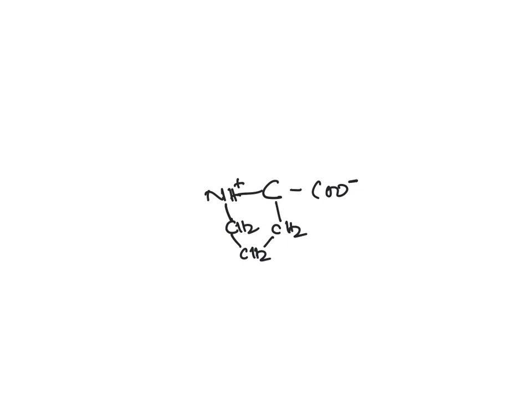So basically this amino group is going to interact with the side chain of proline. The proline side chain is CH2. It is going to interact with the amino group attached to the alpha carbon. Normally, as you have seen in other amino acids, the alpha amino group and the alpha carboxyl group are both free.